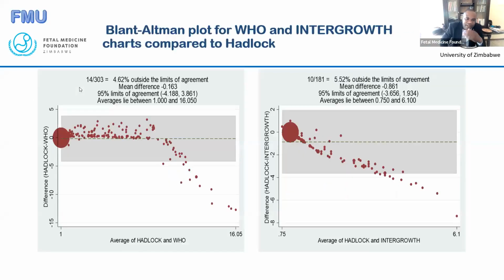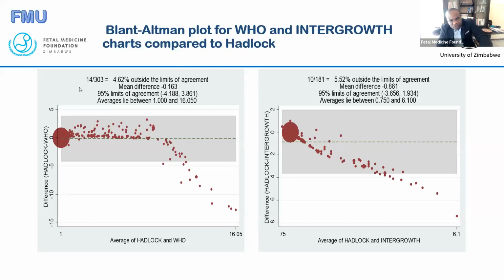Now, going further with our analysis, we also did a Bland-Altman plot. So with this plot, you will be comparing two charts. For example, in the first on the left there, we're comparing the Hadlock and the WHO chart to say, if we plot all the babies who are small for gestational age, how many of them would lie outside the agreement limits?